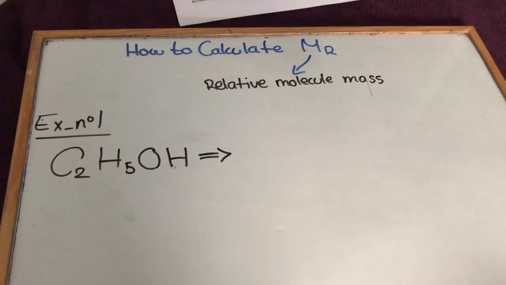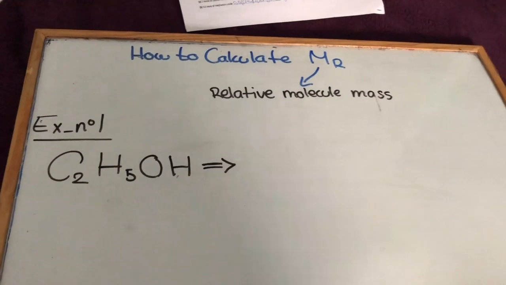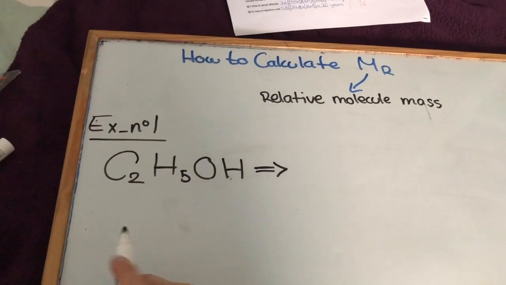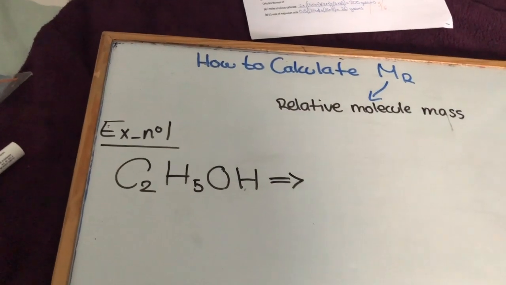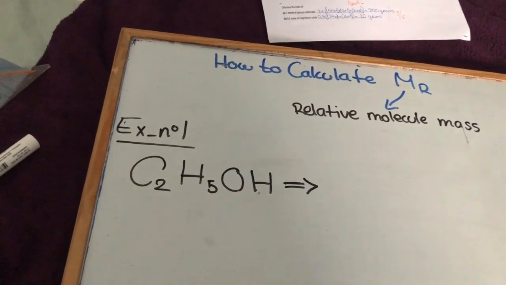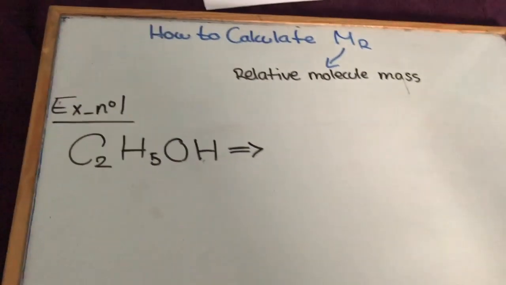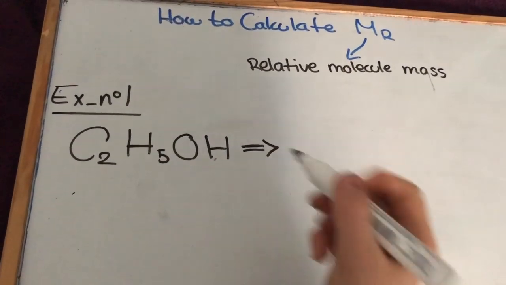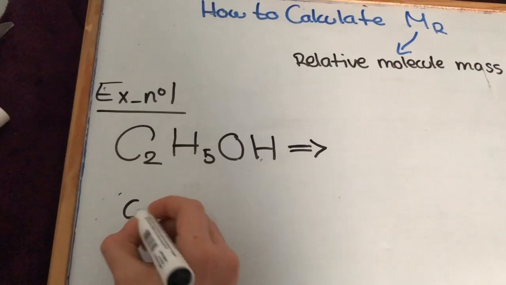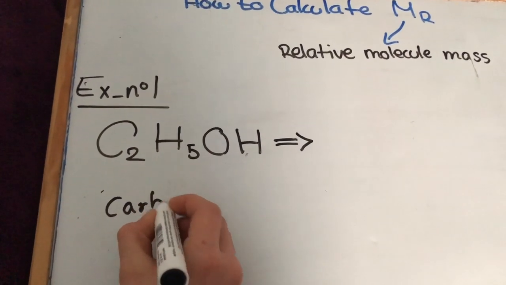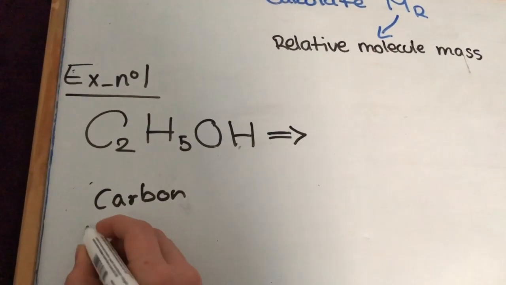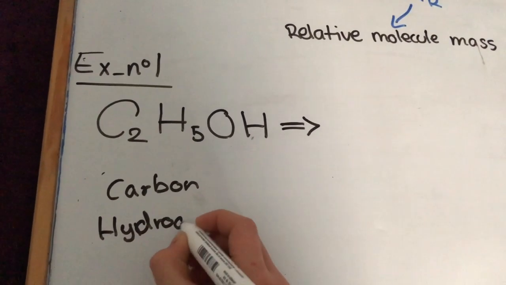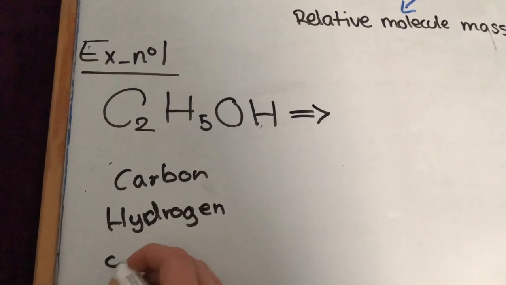Okay, so now we're going to be calculating relative molecule mass. So first we're going to use this formula here, this equation. First thing to do is separate each element. So first we have carbon, we have hydrogen, and we have oxygen.